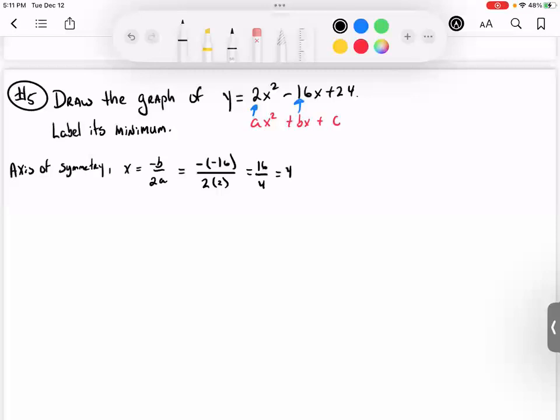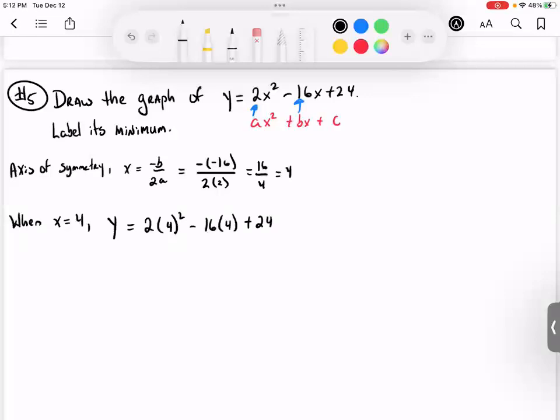Now what we're going to do is plug this into the function to get the y value for the vertex. So when x is equal to 4, y is going to equal 2 times 4 squared minus 16 times 4 plus 24.